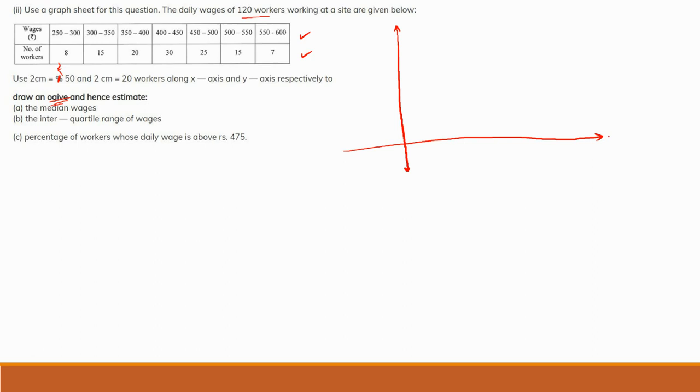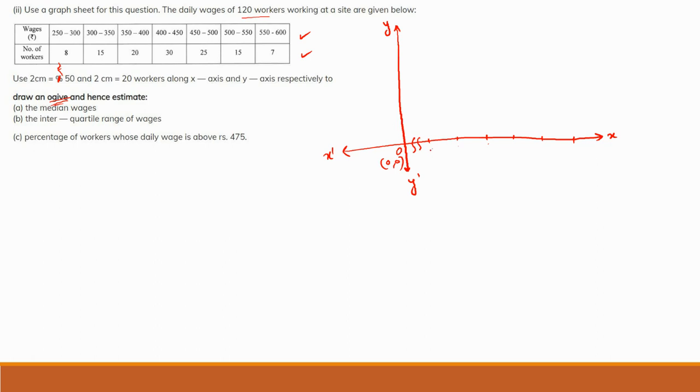So this will be the graph paper given to you. X dash, X, Y, Y dash, and this is the origin. Every 2 centimeter is 50 rupees. But I will do one more thing, otherwise you don't have enough graph paper if you consider 50, 100, 150. So cut that out and say that we don't need all these.